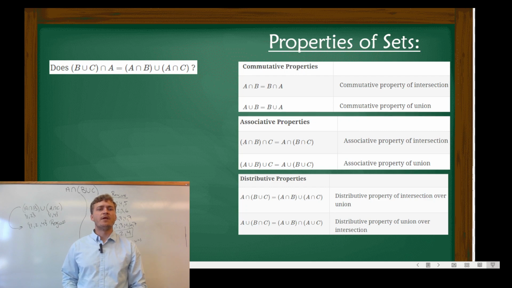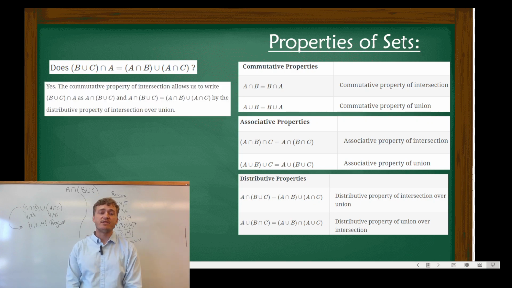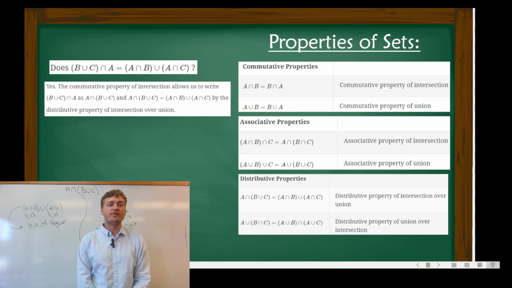Question to you is, does the following expression have equivalency? Does the union of B and C intersect A, is that the same as the union of A intersect B and A intersect C? I'll give you a moment to take a look at that and see what you can come up with. Is this yes or no? The answer is yes. Consider our first distributive property at the bottom.